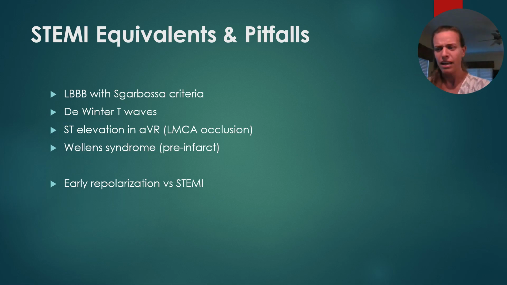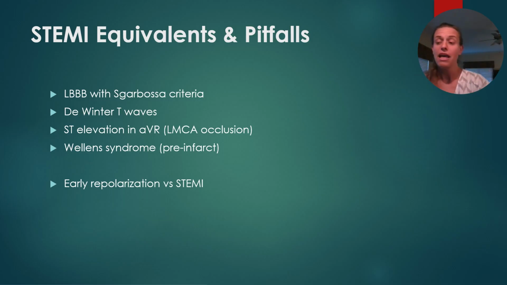There's also Wellen syndrome. Now this is kind of a pre-infarction look, okay, for lack of better ways of saying it. This is characterized by deep symmetric T-wave inversions, okay, so abnormal, inverted T-waves in V2 and V3. This can even happen when the patient is pain-free. They don't have chest pain.